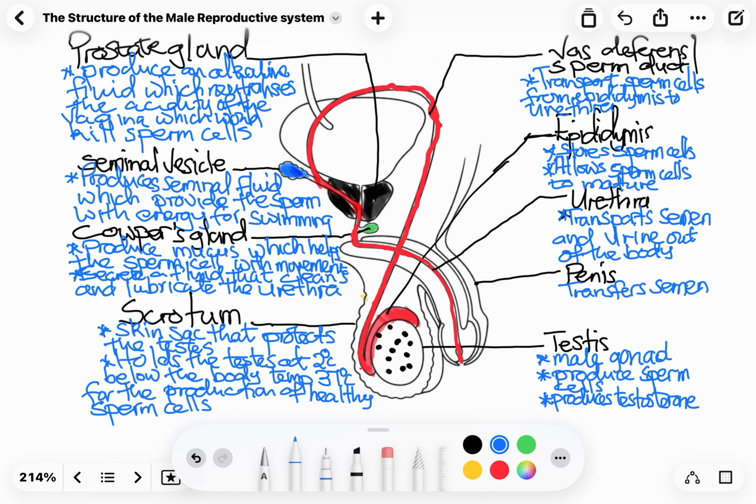Semen into the vagina of the female body. Right. There you have it. The structure of the male reproductive system. In terms of identifying the prescribed parts, as well as providing the functions for those parts.